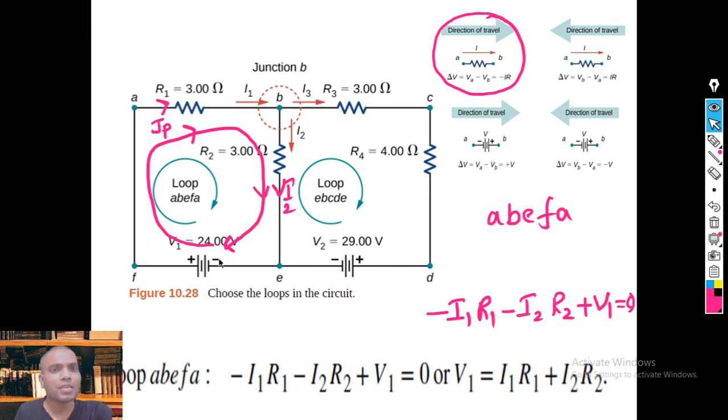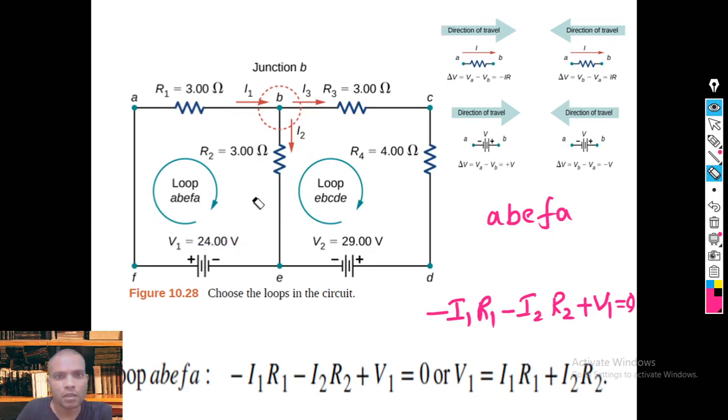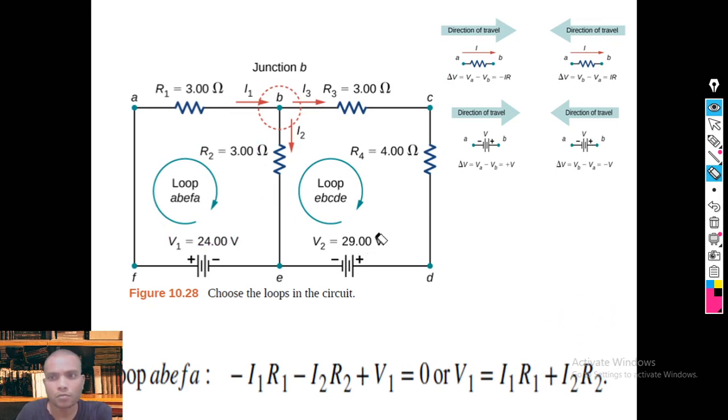And when it comes to the cell, I need to cross the cell from negative to positive, so we take that as positive. So everything goes to 0. If you rearrange that, it becomes V1 equal to I1 R1 plus I2 R2. I hope you are understanding how to apply the sign convention to a given loop.